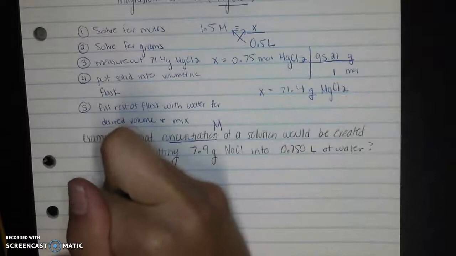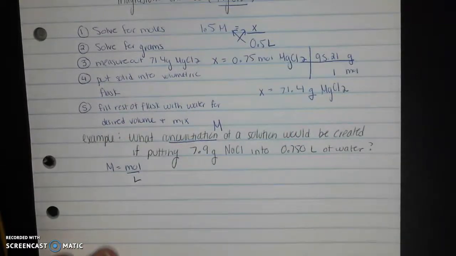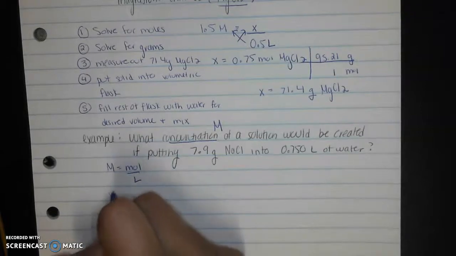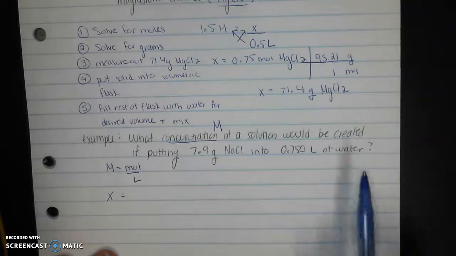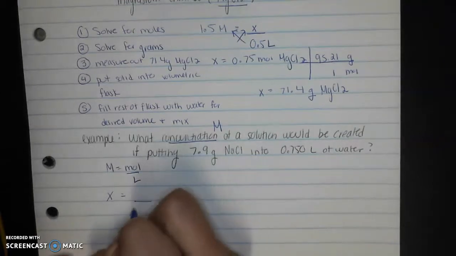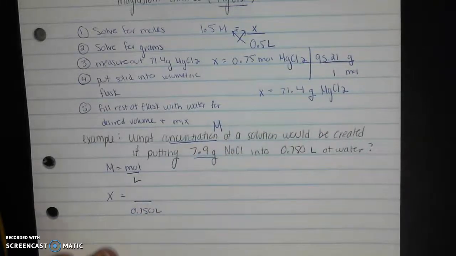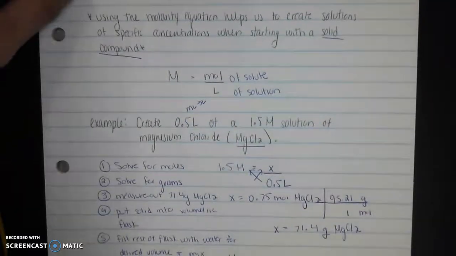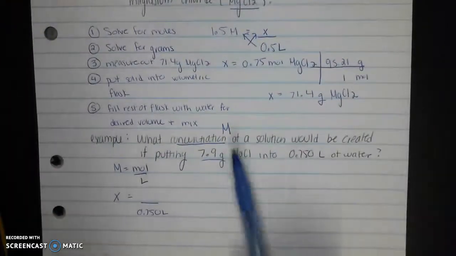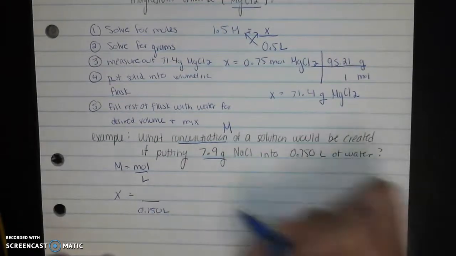Remember, we have molarity is equal to moles over liters, and we know that we're solving for molarity. We know that we have our volume, so that's our liters. But then they gave us grams. Grams doesn't fit into the molarity equation, because molarity is equal to moles over liters. So what we have to do is take our grams and convert them into moles so that it can fit nicely into this equation.